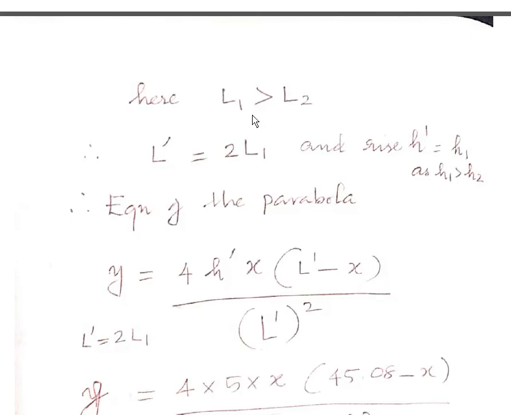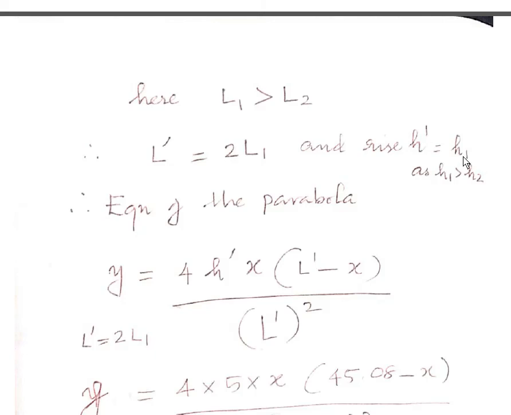And also H dash is equal to the larger of the rise values. Here H1 is larger than H2, so H dash is equal to H1. Remember, H dash is the larger of the rise values.